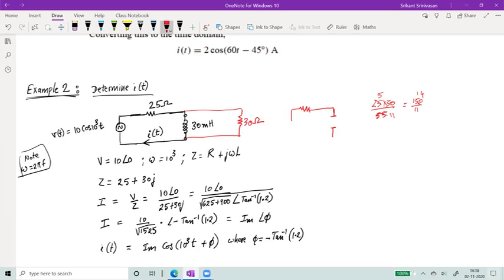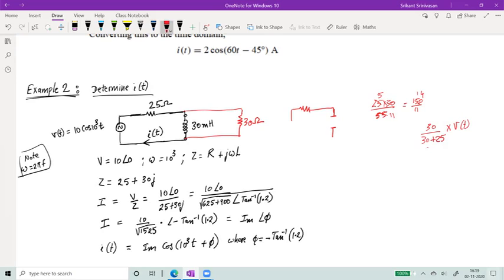The voltage is the drop across the terminals, and that will be 30 divided by 55. So 30 by 30 plus 25 into V of t. Okay, that's 30 over 55.